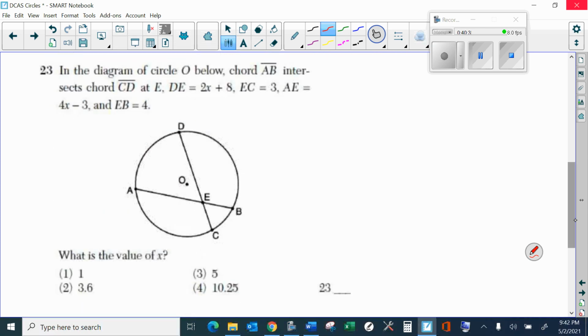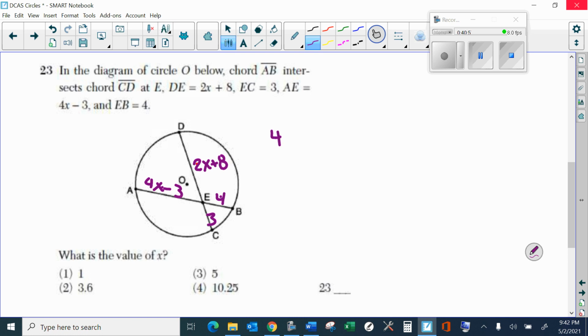Okay, so here we have two chords that intersect. So we know this one times this one equals this one times that one. It says DE is 2x plus 8, EC is 3, AE is 4x minus 3, and EB is 4.